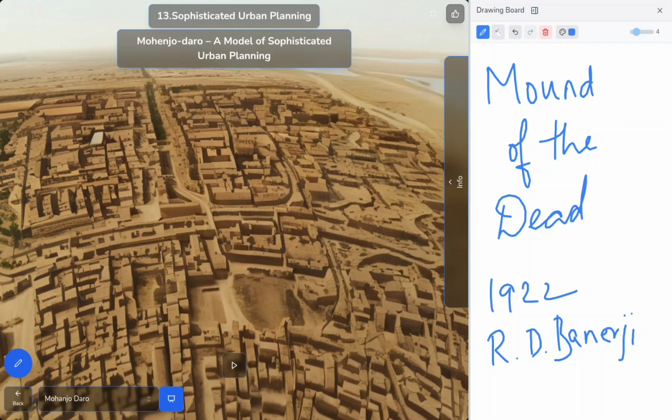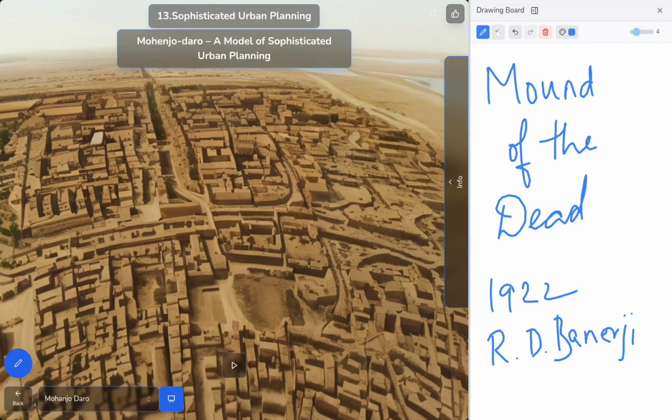Okay. Houses were built with uniform baked bricks showing standardized construction methods. Many houses had private wells, which means people had easy access to water. The civilization still remains mysterious because their script has not been fully decoded yet.